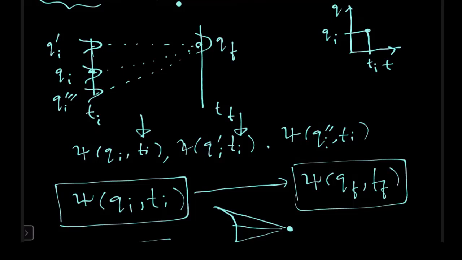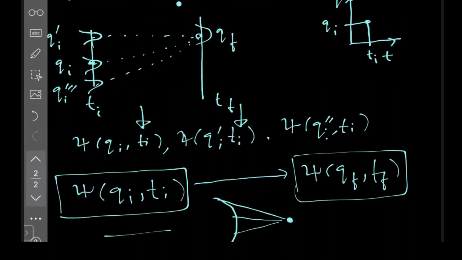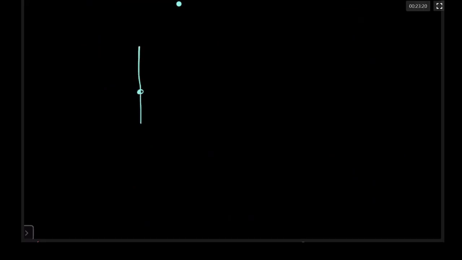Okay, but when you calculate the amplitude at qf tf, you know what amplitude is? The square of the amplitude gives probability. So let's try to understand this in terms of probability. You have this quantum particle, and let this quantum particle be at some position qi at time ti.